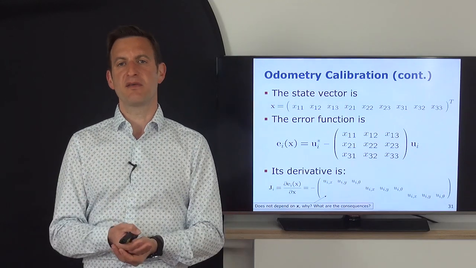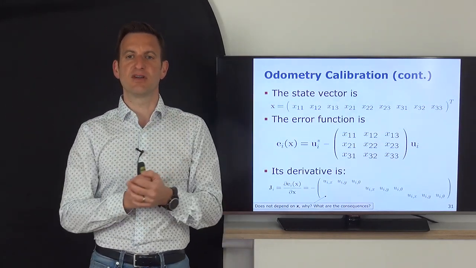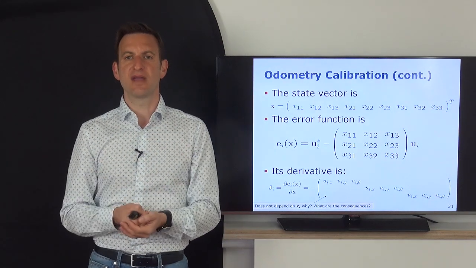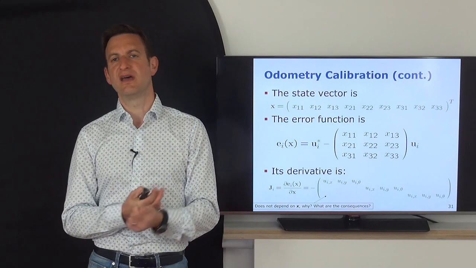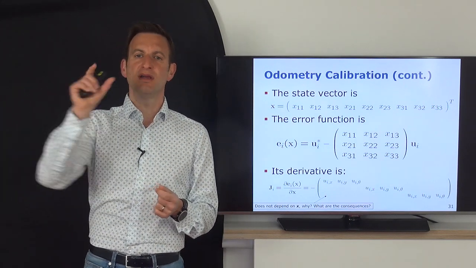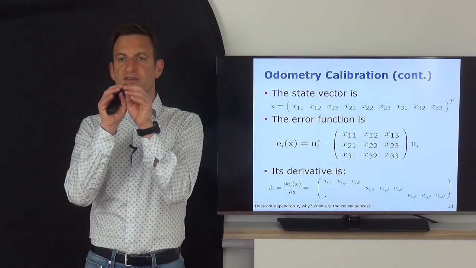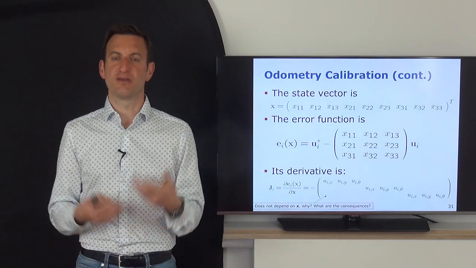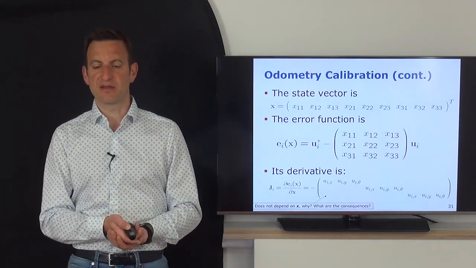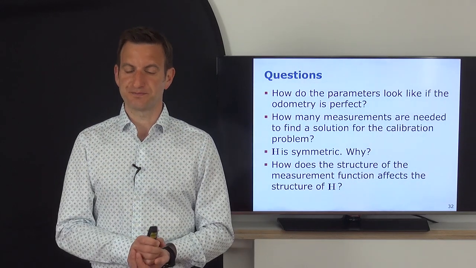So the sparser the matrix is, the less one observation tells me about variables. And what we have in reality, especially in the context of the SLAM problem, is that an observation only relates a very small number of variables with each other. And so these H matrices for the individual observations are very sparse, consisting of a lot of zero elements. And this is something that we'll exploit later on in order to compute efficient solutions.